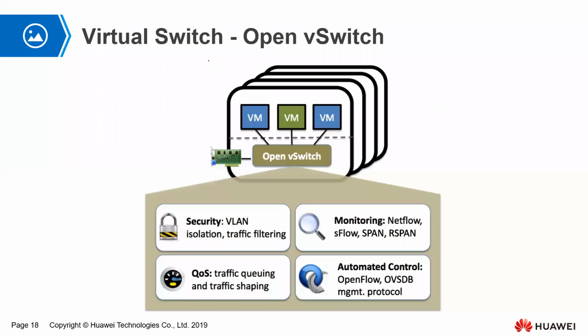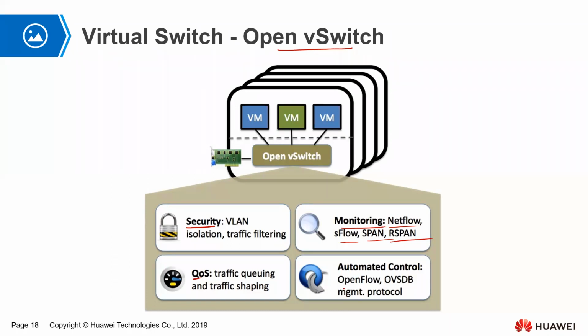Now we're looking at the virtual switch, or what we're calling the Open vSwitch. We said it's an open source virtual operating system for our virtual switches, and it helps us to achieve some of these benefits. It's secure, it can perform quality of service, traffic queuing, and traffic shaping. There is monitoring. You can use NetFlow, sFlow, SPAN, or RSPAN to effectively manage and monitor your network.